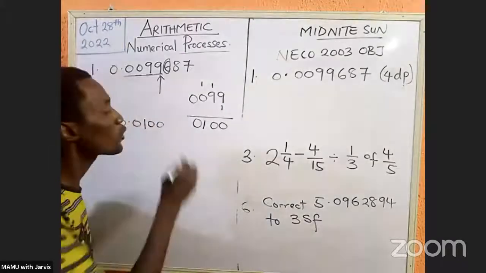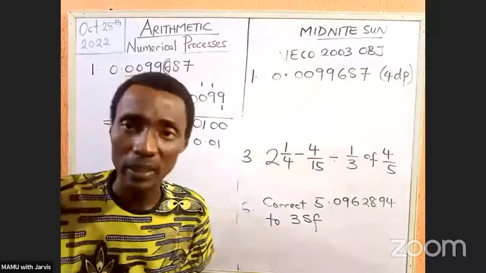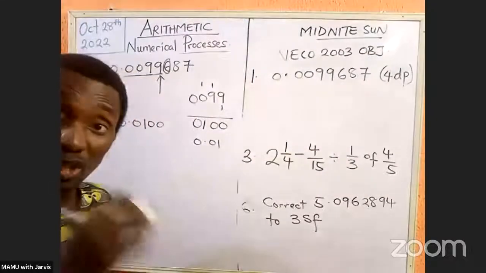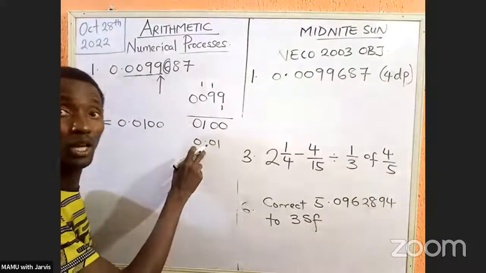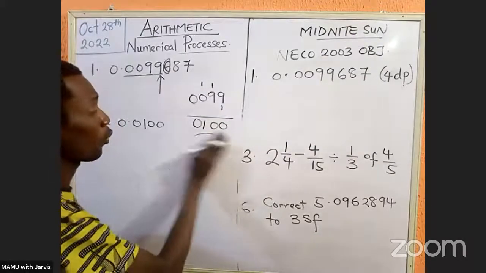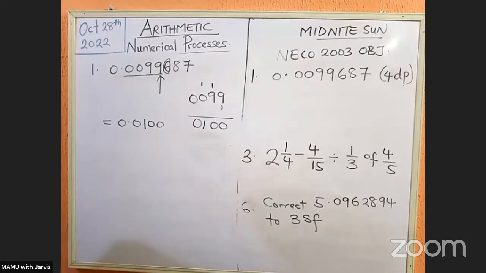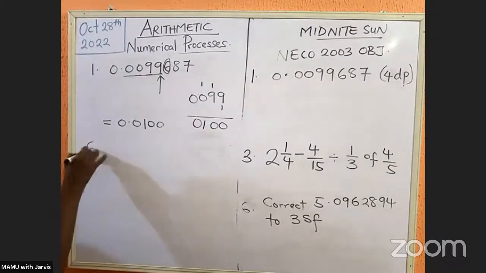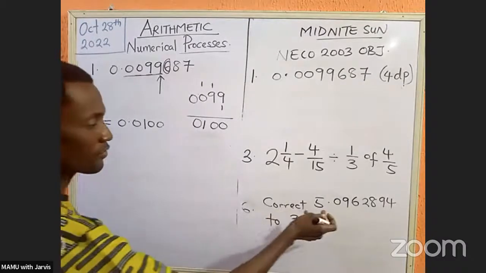Please, if you write 0.01, which I'm very sure the option will be, you're going to get the answer wrong because we want to see 4 decimal places. So let me do question 6, because that's a very quick one to handle. Correct 5 point what?